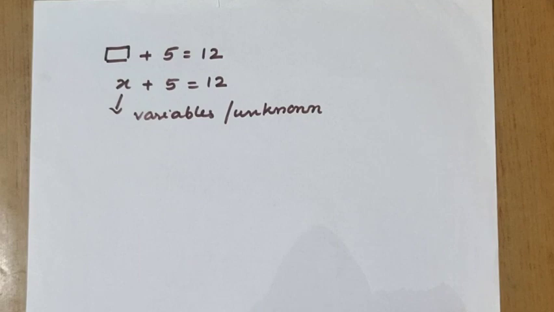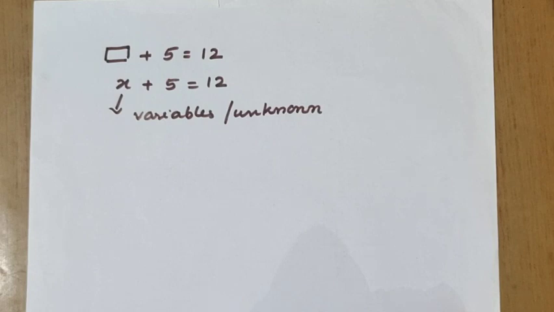You have seen many examples in the chapter simple equations. Last year also you started learning algebraic expressions. Then again you continued with the simple equations, so you have some idea regarding algebra. So mainly algebra deals with variables and unknowns only. This is one of the important branches of mathematics.